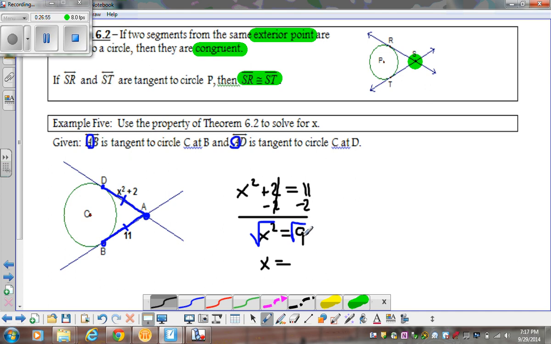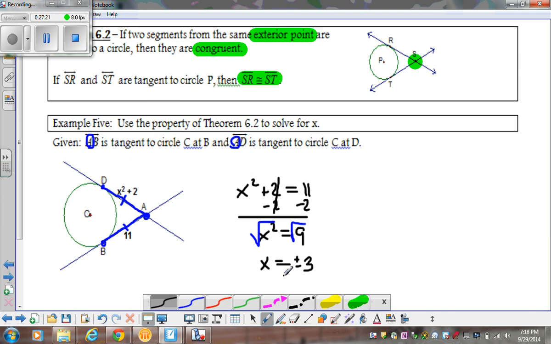Now, remember, when you solve, you want to make sure you include plus or minus anytime you take the square root, and then check to make sure both values actually work. So the square root of 9 is actually not just 3, it's plus or minus 3. If you go back through and plug each of those values in, positive 3 squared is 9. 9 plus 2 gives me 11.